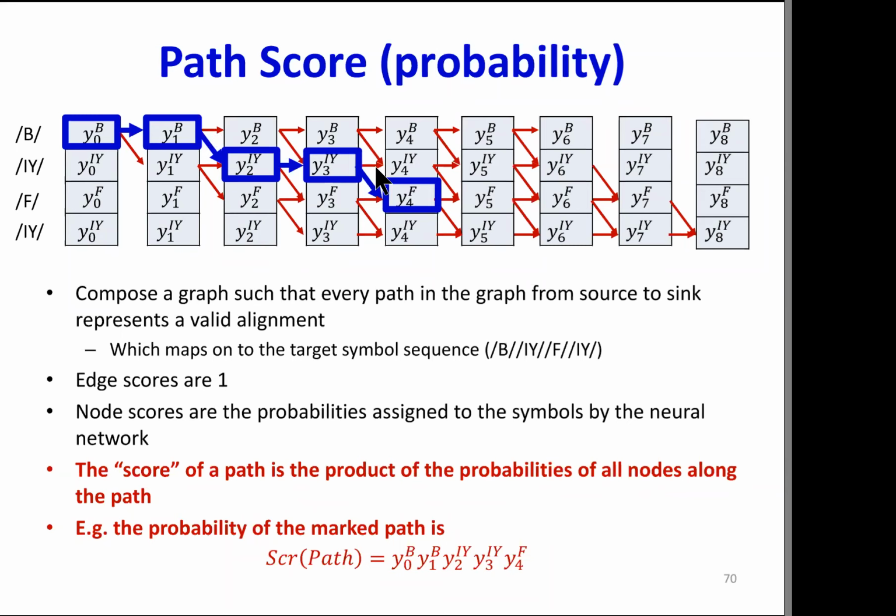So for this partial path over here, the probability is going to be YB0, which is the probability assigned to B at time 0, times YB1, times YE2, times YE3, times YF4. So this is the score for this path. This making sense to you guys?